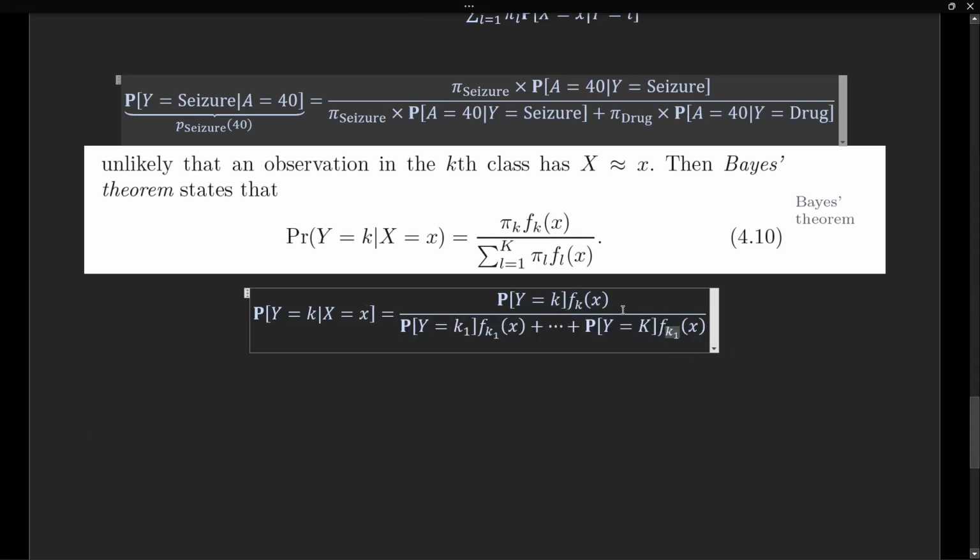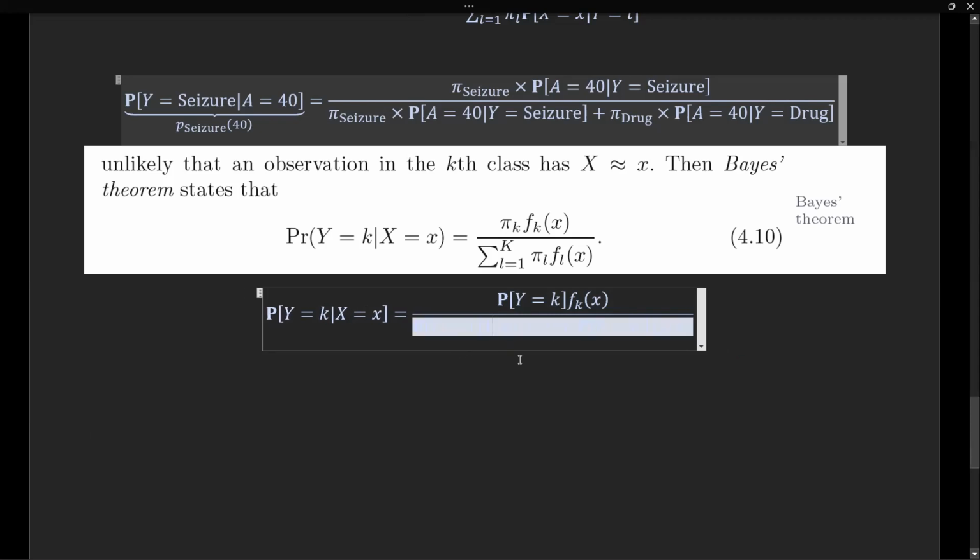Uppercase K. Maybe I'll just call this 1. And we'll just write a short sentence to make it clear.